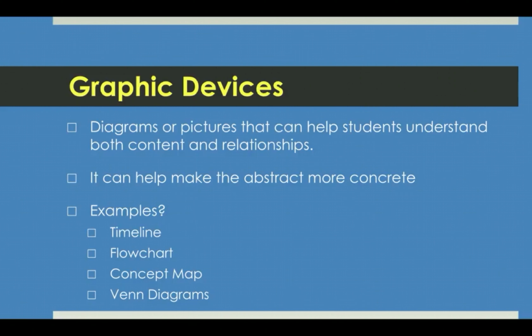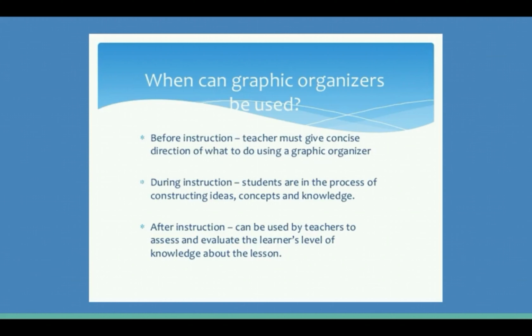You can use diagrams or pictures that really help the students to understand not only the content, but the relationships between, for example, characters in a book, or the relationship between addition and multiplication, right? So really using multiple ways to tie in these multiple concepts for students.